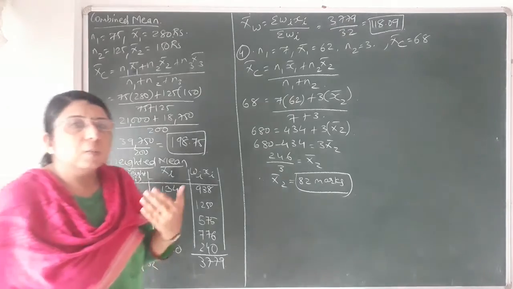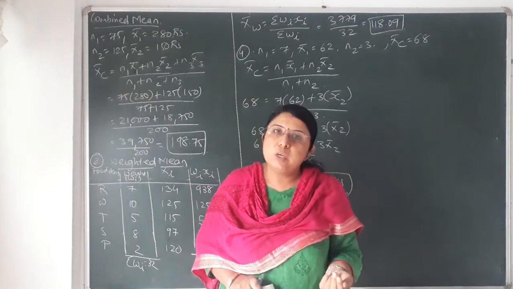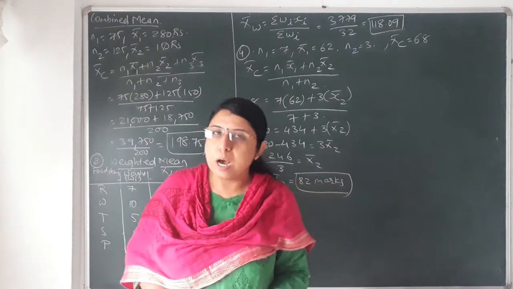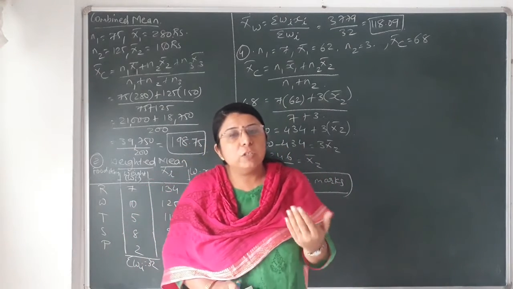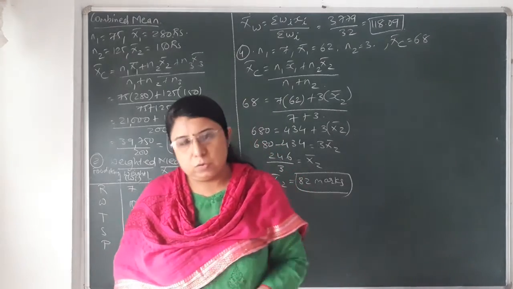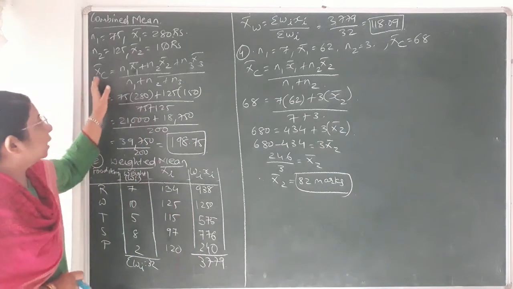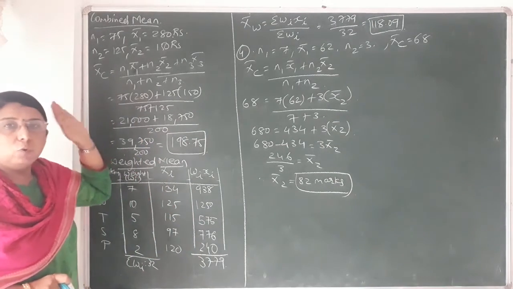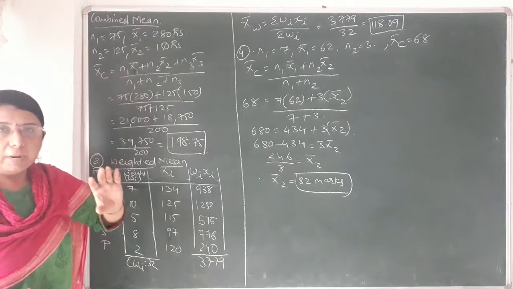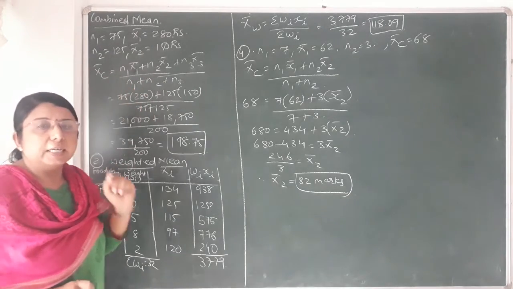It depends upon the question. Suppose only the means of two groups are given to you, then you carry forward your data up till n2 x2 bar only. If the data is given of three different groups, then you carry forward your formula up till n3 x3 bar. Now after understanding what is combined mean, it would be mentioned to you in the question to find the combined mean, and accordingly you have to apply the formula and place the given data in the question.